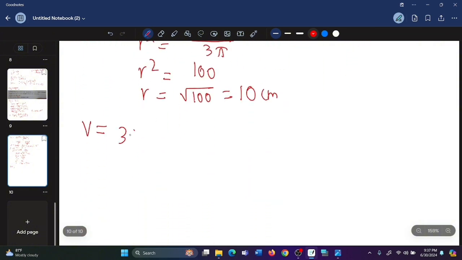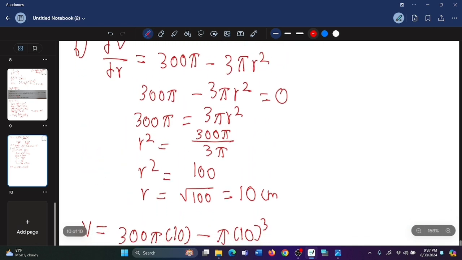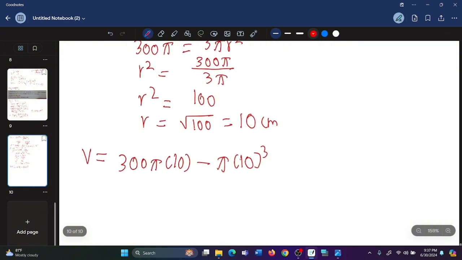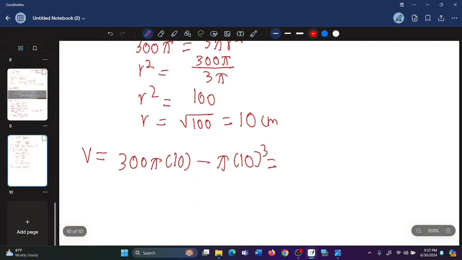Instead of r, we put 10: 300 pi times 10 minus pi times 10 cube. Sorry, I wrote 110. I should have written 10. Did I copy the equation right? Yes, I did. If we put this into the calculator, we get the stationary value of V. Let's check what it is.